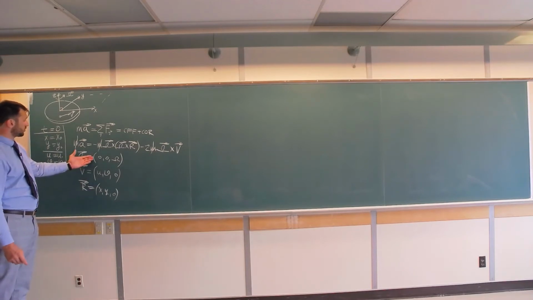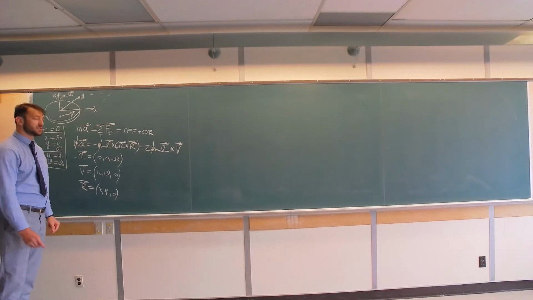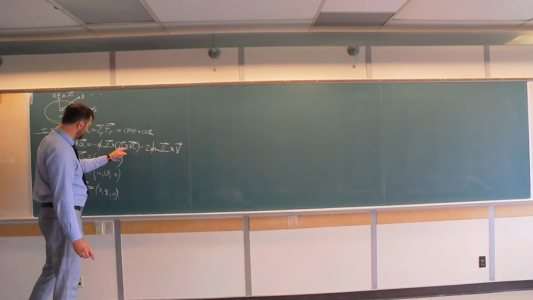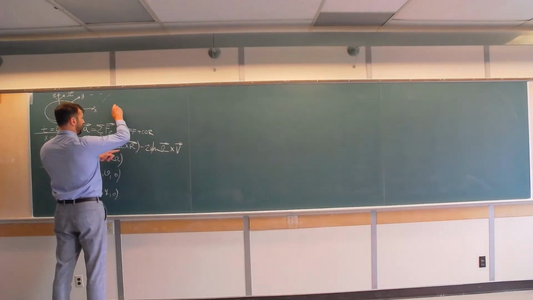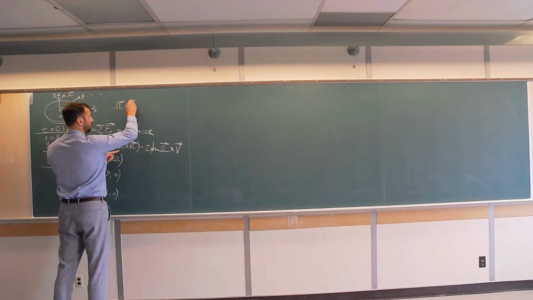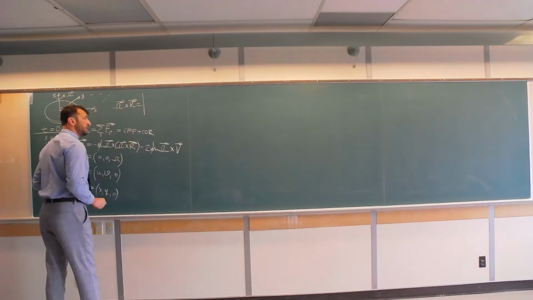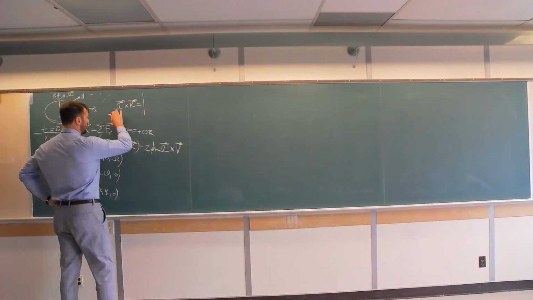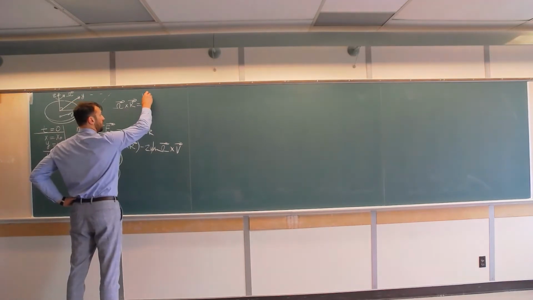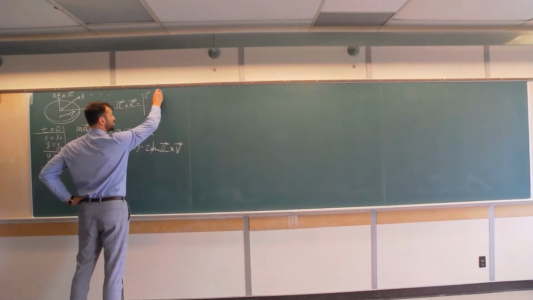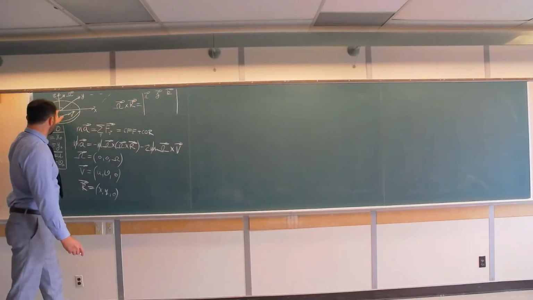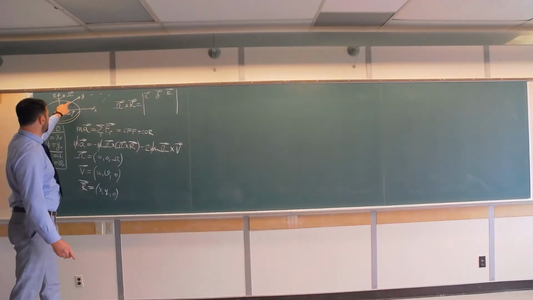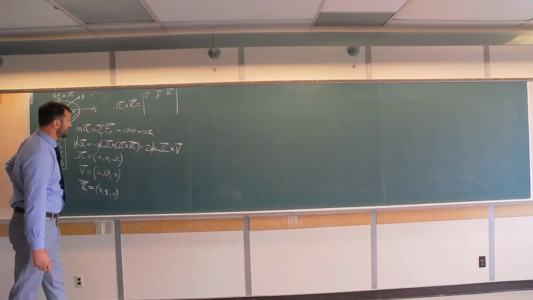Now, when we know these components, we can solve these cross products. Let's first solve this one, omega cross r. How do you solve this? Well, we use a determinant. The first row are unit vectors i, j, k, where i is in the x direction, j is in the y direction, and k is in the z direction.